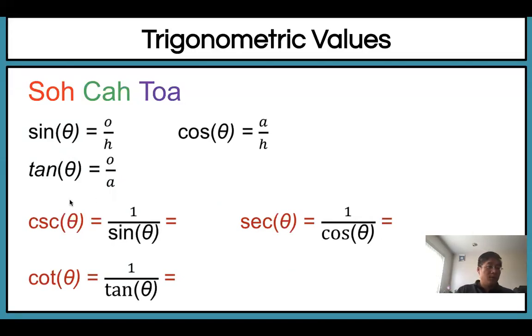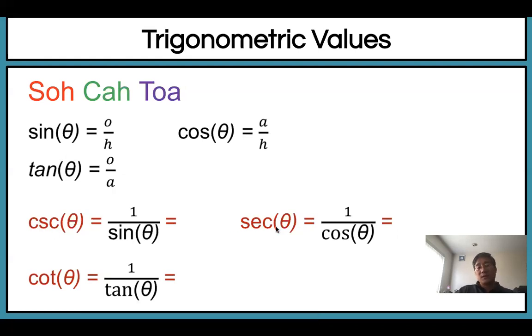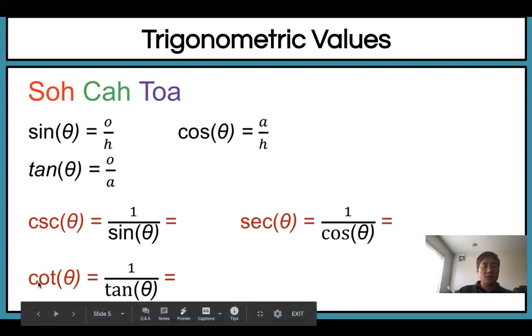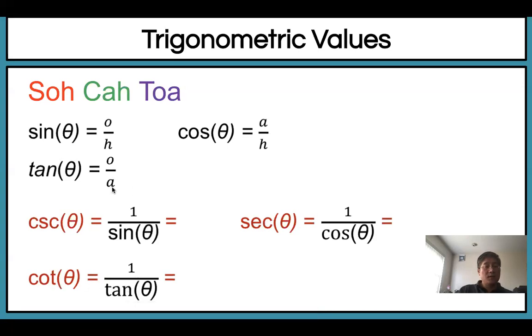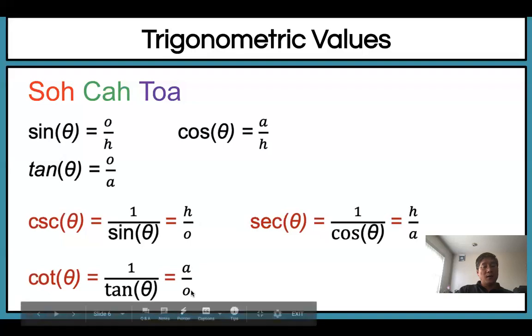Cosecant is from sine, secant is from cosine. Don't be confused, okay? Cosecant from sine, secant from cosine. But tangent is the same, the cotangent is from tangent. Tangent is opposite over adjacent, so the reciprocal is adjacent over opposite.